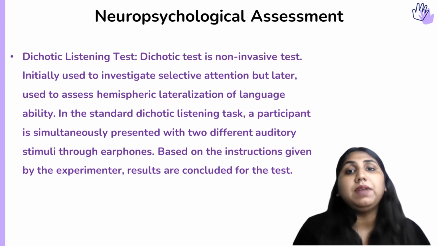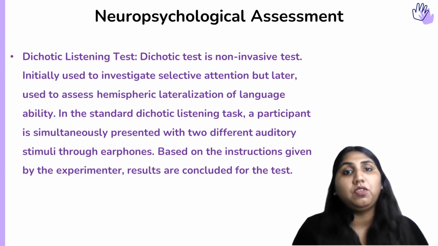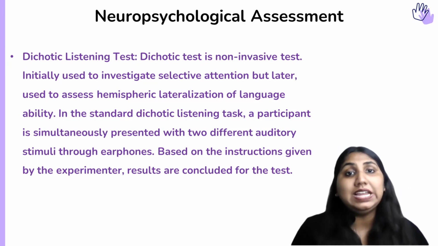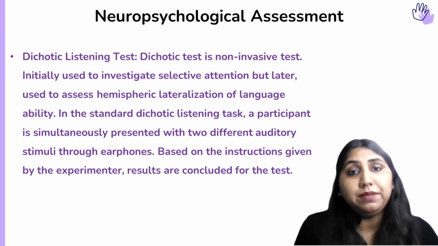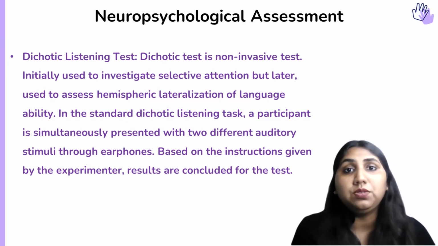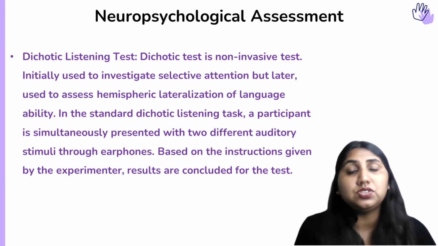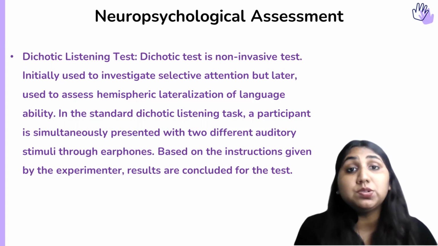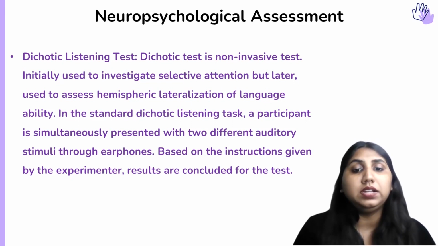Okay, they might ask you different questions pertaining to that, and depending on your performance on the questions, the assessment is made in terms of hemispheric lateralization. So this is primarily used when a researcher is trying to understand the hemispheric lateralization of the brain, as well as when they are trying to understand which part of the brain plays a role in language. Okay, that we'll discuss when we come to our unit 4.